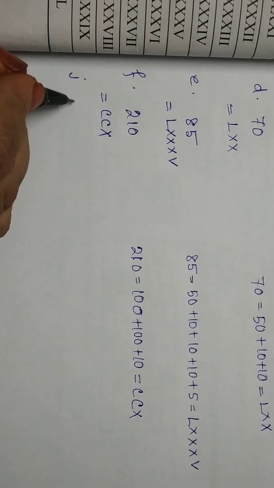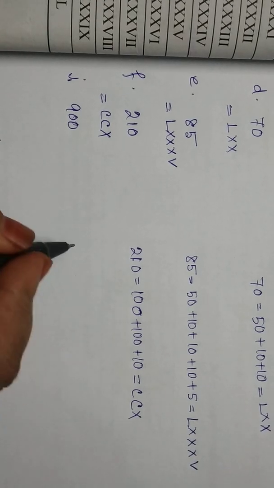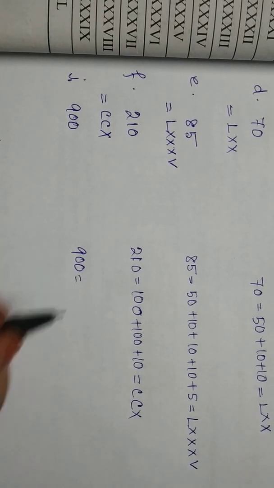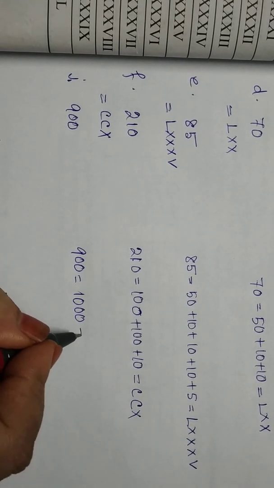Now J. In J, 900 is given. Now 900 we cannot repeat more than 3 times, so we write 1000 minus 100.